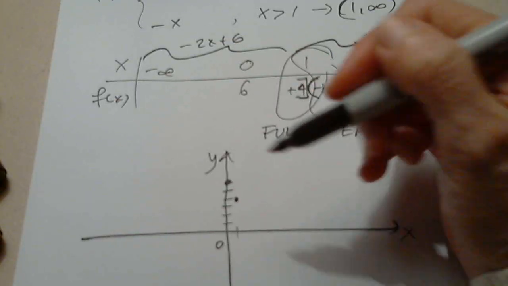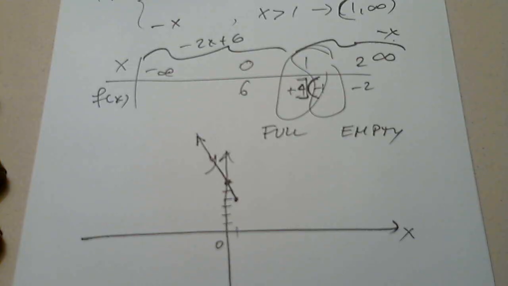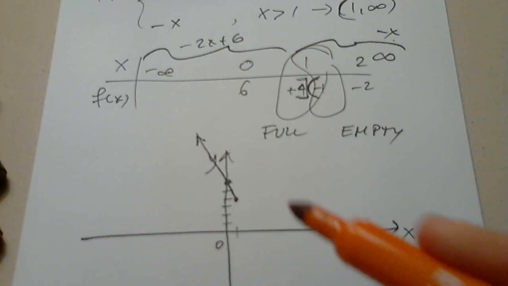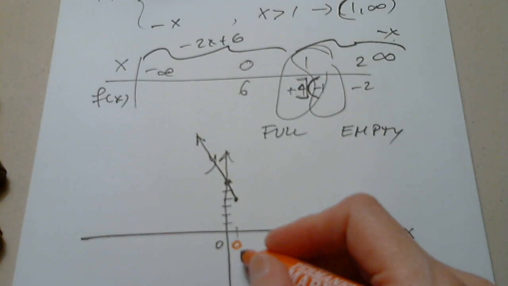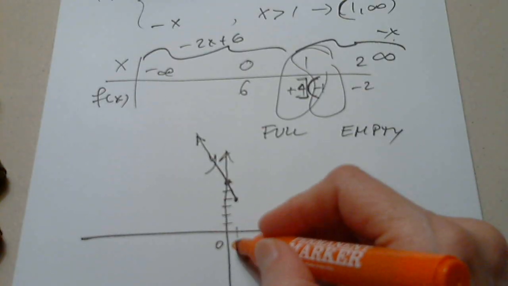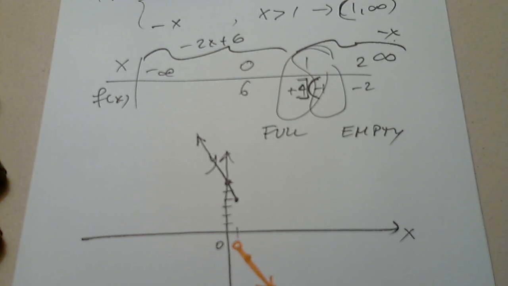And they are both full points. And I'm going to use a different color just to make a point. You don't have to. And 1, negative 1 is right here, and 2, negative 2 is right here, and that is the graph of the function in question.